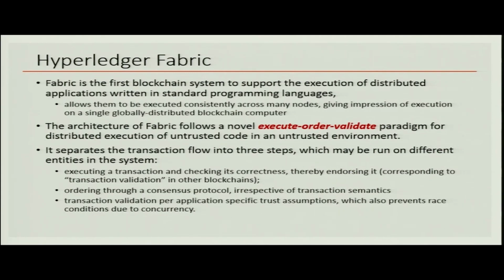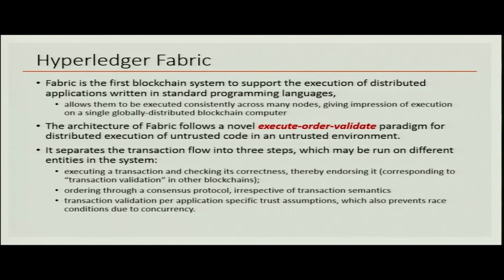Ordering does not care what the transactions are about, what kind of domain it is being done on. For example, it could be financial transactions, land record transactions, or any other kind of transaction, such as supply chain. It does not care. So, transaction semantics is not looked into by the ordering nodes.